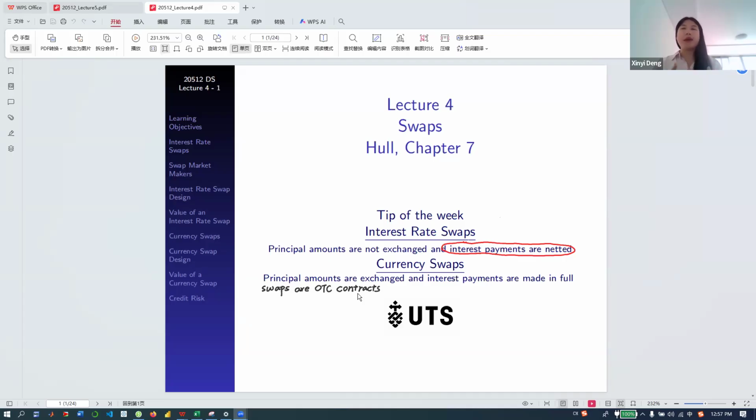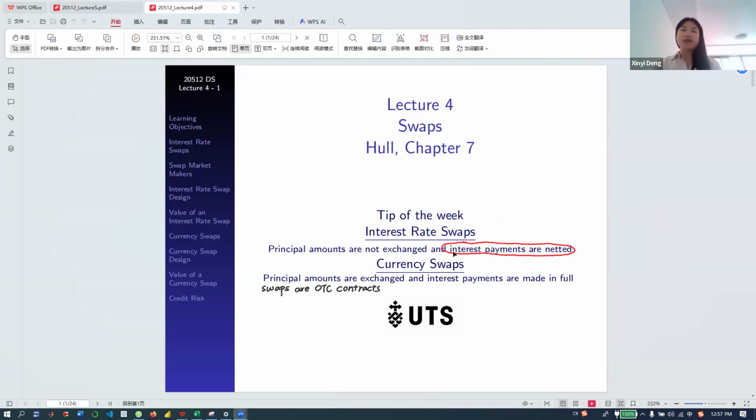For example, you may have fixed for floating interest rate swaps, and in such a scenario, you may be exchanging your fixed rate exposure for the other party's floating rate exposure. Also, for interest rate swaps, the principal amounts are not exchanged, and the interest payments are not paid in full. Actually, you only pay the difference between two interest payments.